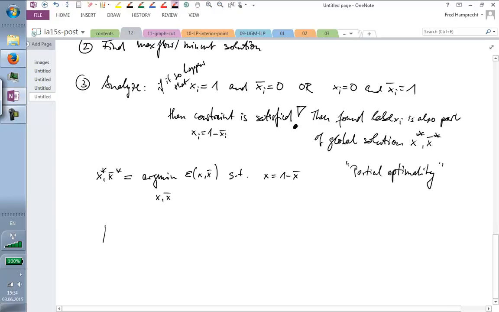So what we get out of this analysis step is a consistent labeling, typically for many nodes.